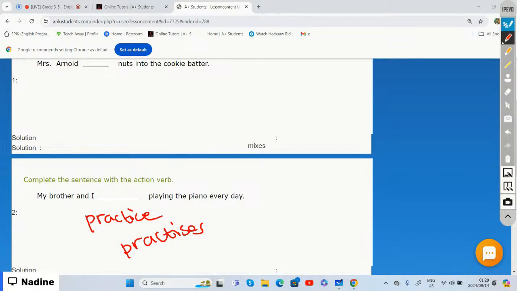So my brother and I, do we say practice playing the piano every day? Or my brother and I practices playing the piano every day?